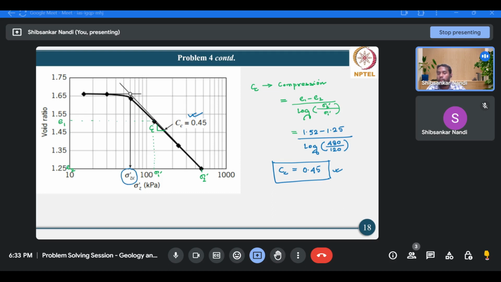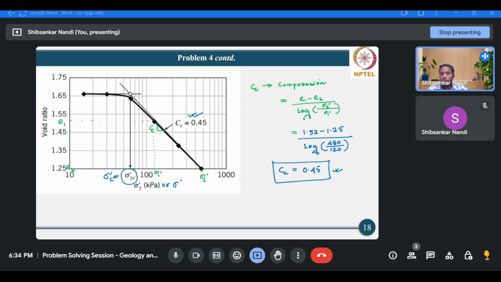Both bear the same physical significance. So this is the straightforward approach: extend the first linear segment and the second linear segment, both will intersect at a point, and the abscissa of this point will give you the pre-consolidation pressure.